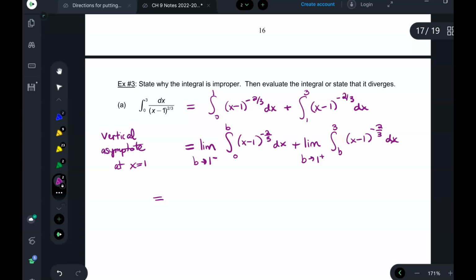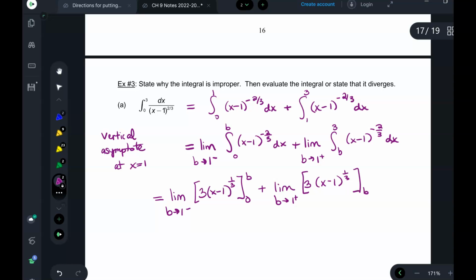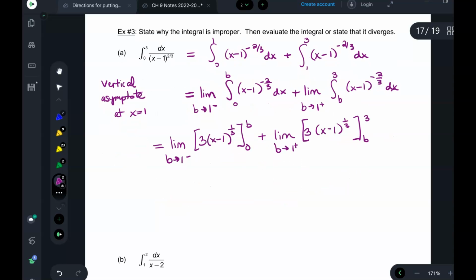Okay, so here we go. We got the limit as b approaches 1 from the left, so that'll become x minus 1 to the 1/3 over 1/3, or 3 times x minus 1 to the 1/3. And we want to evaluate that from 0 to b, plus, same thing here, so it's going to be 3 x minus 1 to the 1/3, and this time we want to evaluate from b to 3.